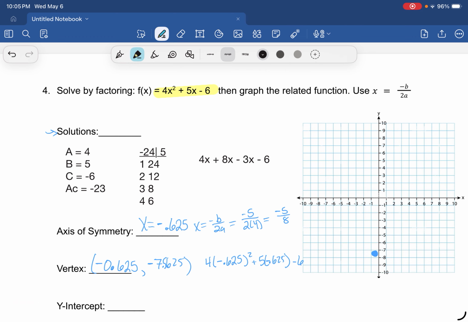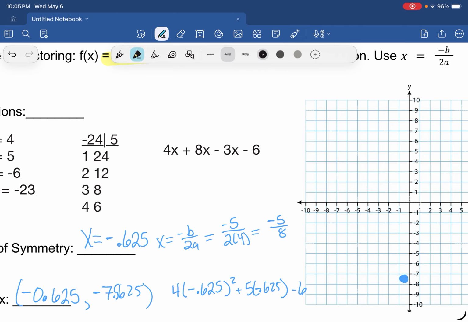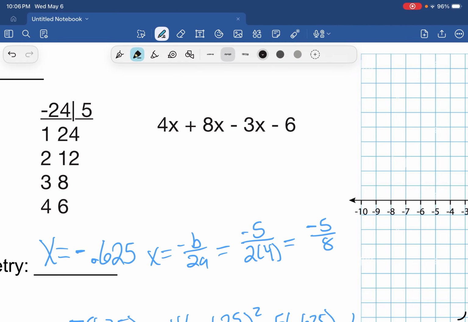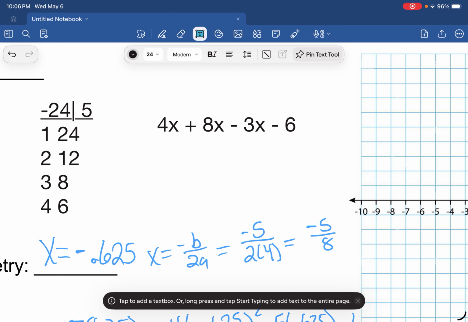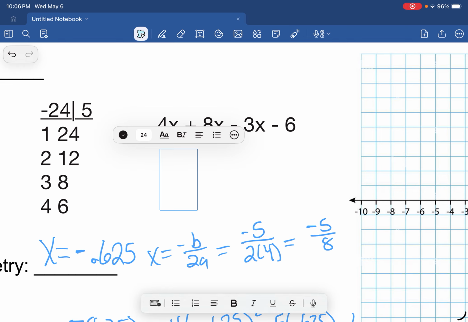Okay, so when I go to find the GCF, as I'm just typing this out so I can finish up this problem, your first parenthesis, the GCF between 4x squared and 8x is going to be 4x.